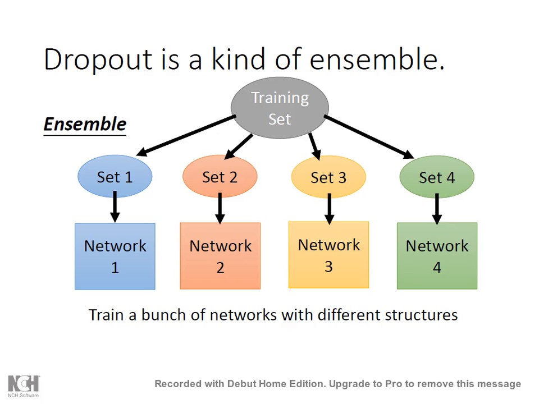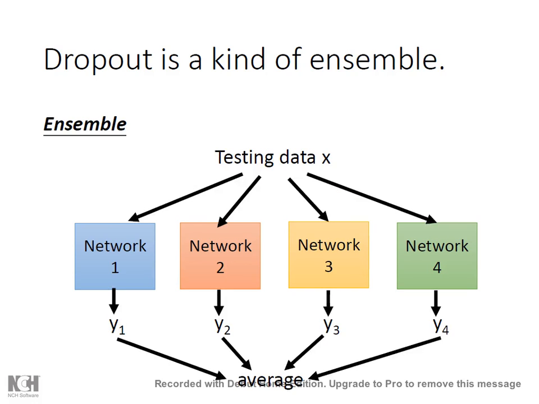It looks like the mini batch, right? And then in your testing, your test data will be fed to the 4 networks, and each network will output their result. Then we will do the average. It's called ensemble learning.